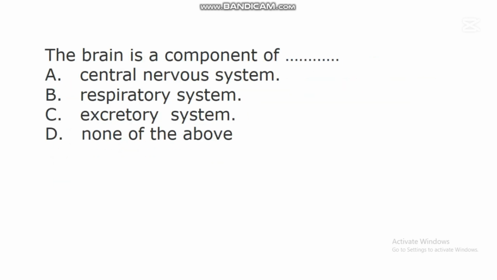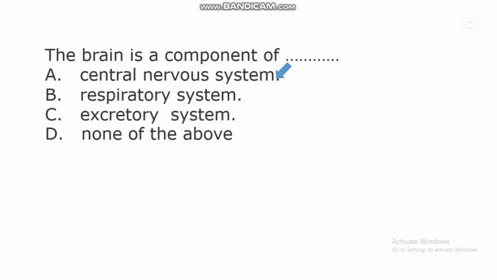The next question says, the brain is a component of dash. A. Central nervous system. B. Respiratory system. C. Excretory system. D. None of the above. In this question, the correct answer is A. Central nervous system.